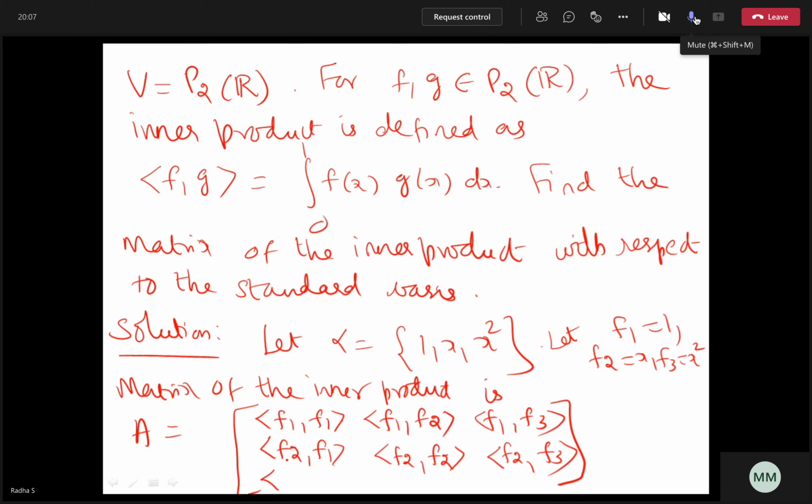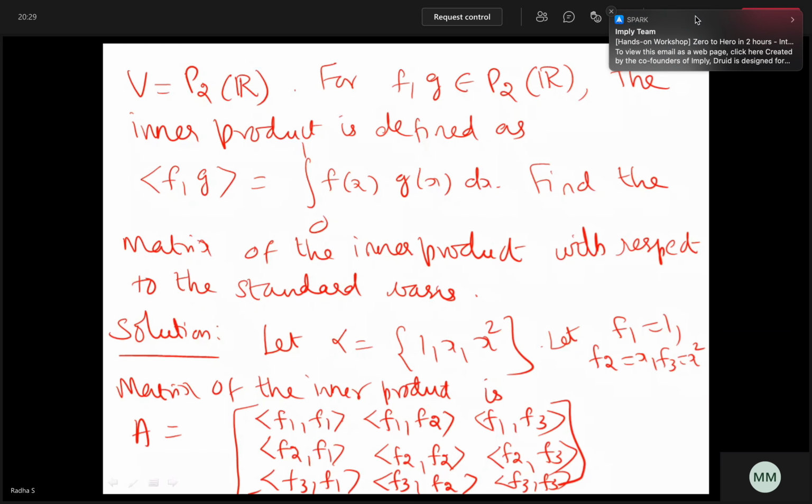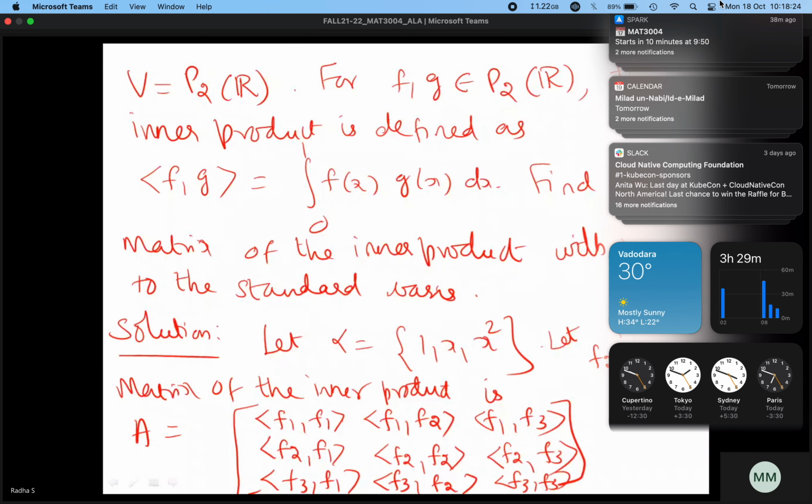Third row: f3, f1, f3, f2 and f3, f3. Okay. That's all, this much. If the basis has 3 elements, the matrix is a 3 by 3 matrix. If the basis has 4 elements, the matrix is a 4 by 4 matrix.